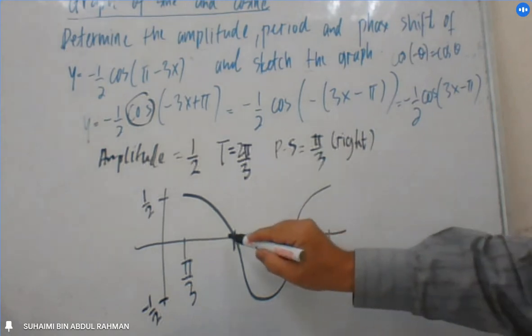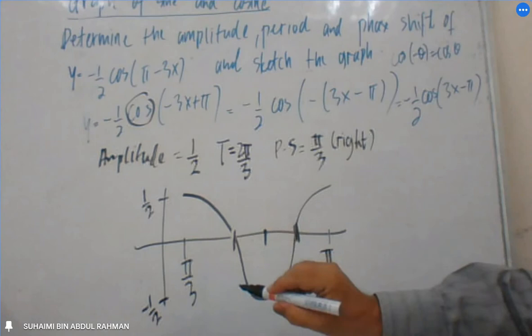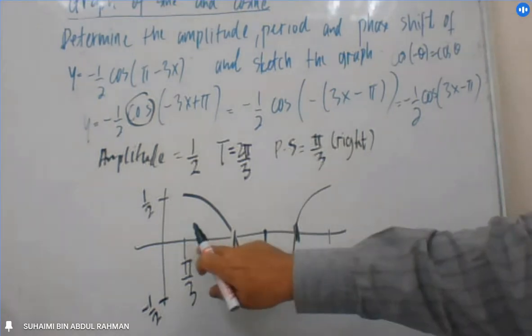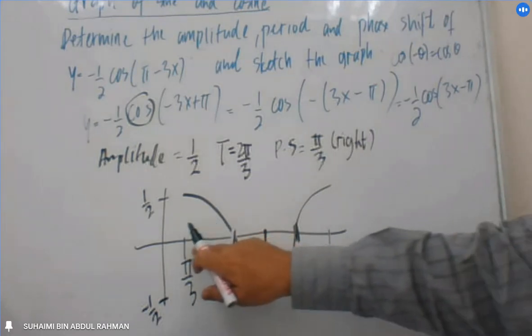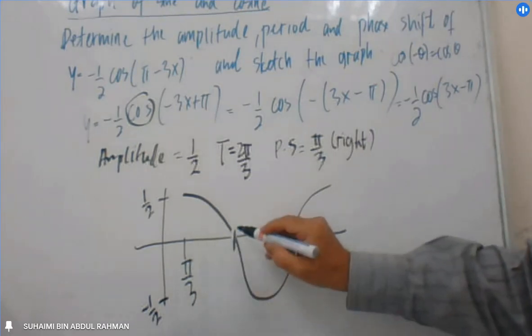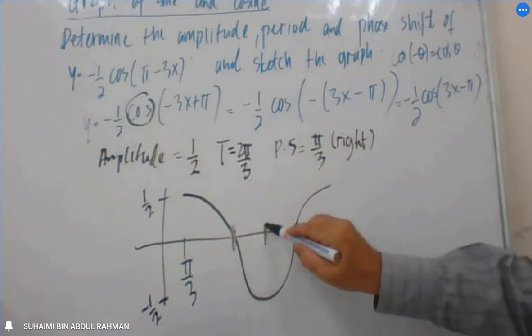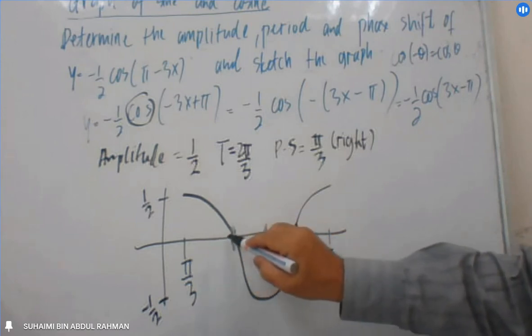What's supposed to be here? Pi over 6? Remember that the length here is pi over 6. So what's supposed to be here? The length here is pi over 6.